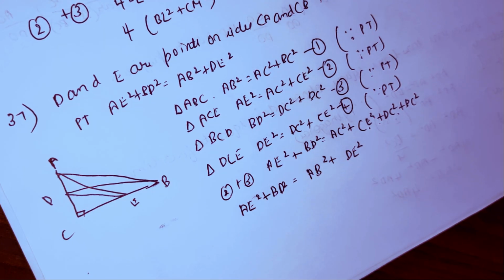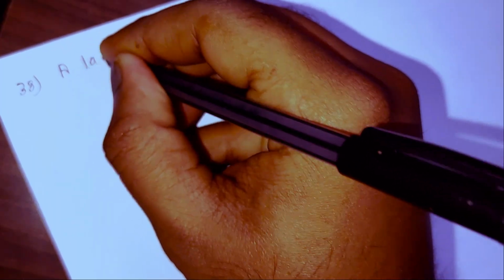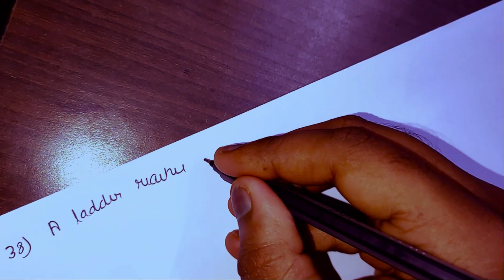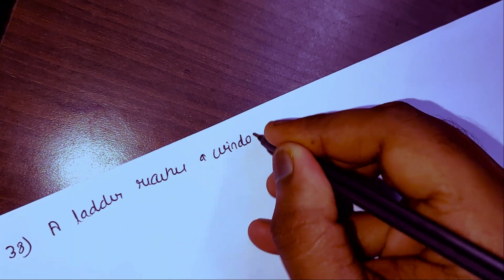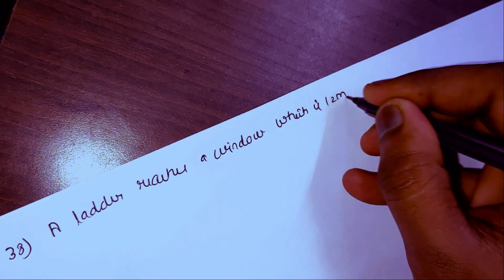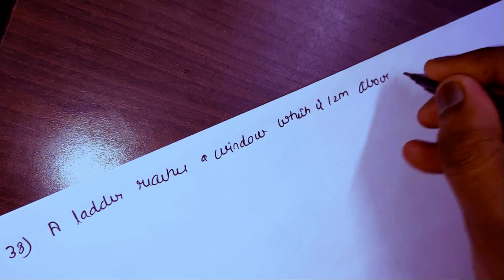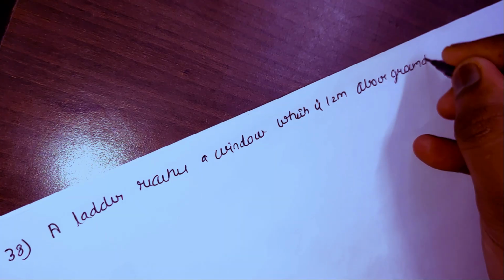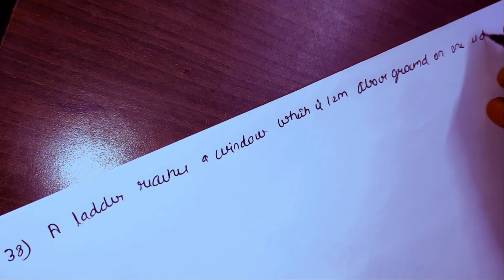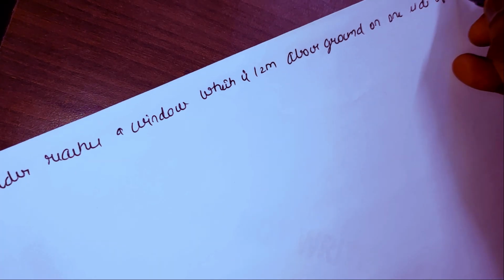Now we will move into the 38th question. A ladder reaches a window which is 12 meters above the ground on one side of a street.